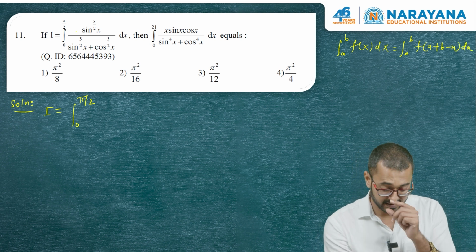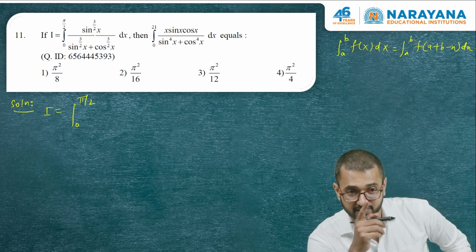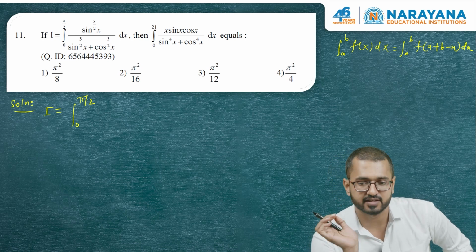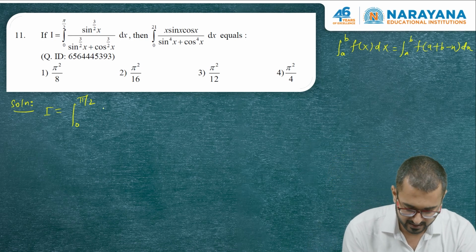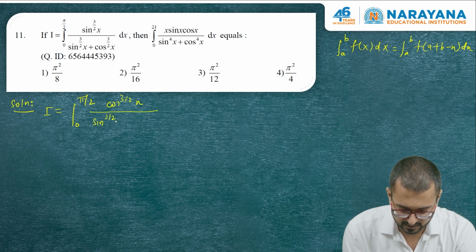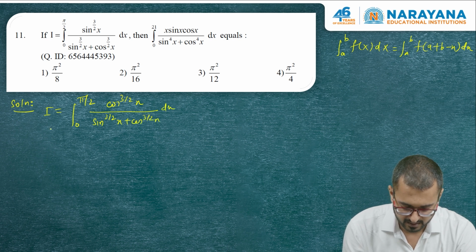So if I write pi by 2 minus x, then I'll be having cos in the numerator, and the denominator will remain the same because cos and sin will interchange. So I'll be writing here cos power 3 by 2 x over sin power 3 by 2 x plus cos power 3 by 2 x, and I'll be adding both the I's.